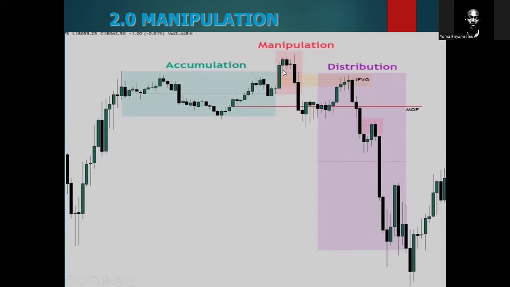So there, the market maker comes here, manipulates by taking out all the equal highs, and then drops a little, and then goes back to respect that level that was actually not respected before due to manipulation during the Asian session. All right. So the market then comes here and identifies the institutional fair value gap and then sells at that place.